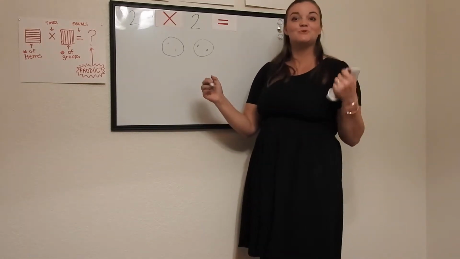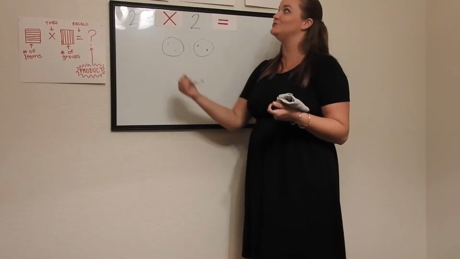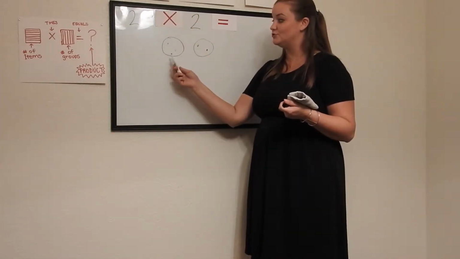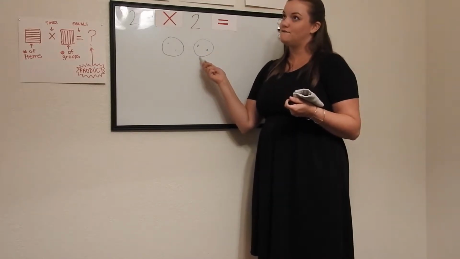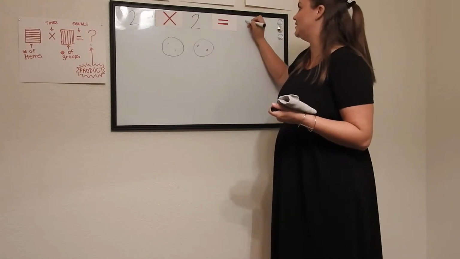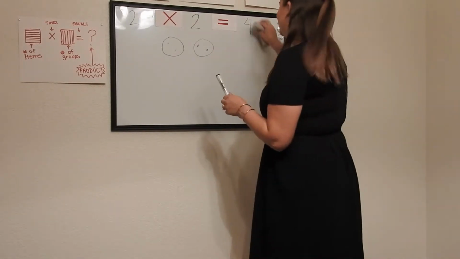And because we're super smart kids, and we already know how to count by 2s, we're going to just count by 2s. 2, 4. So 2 times 2 equals 4. Good job.